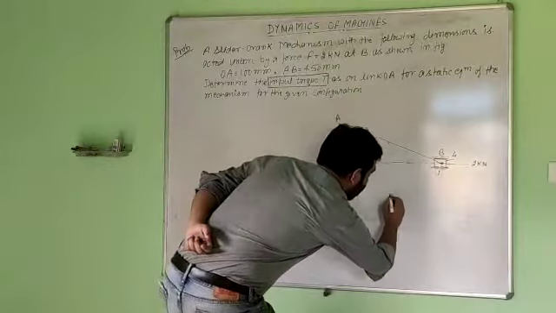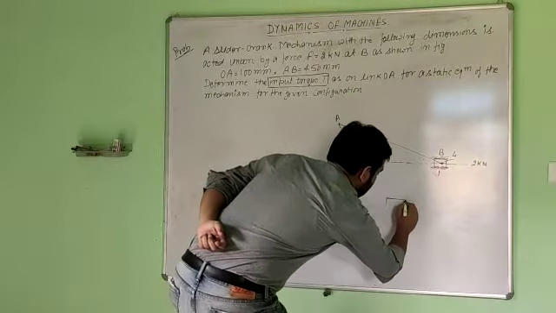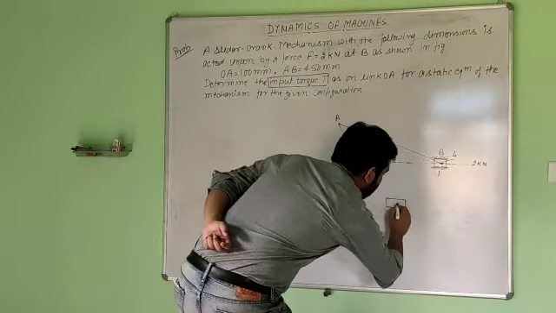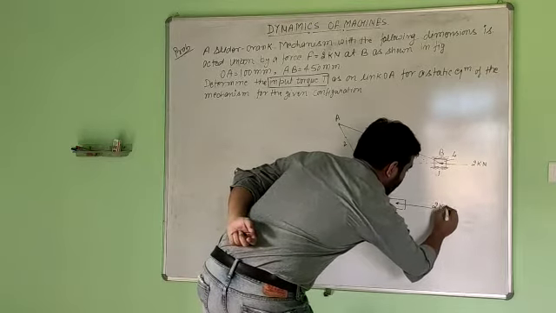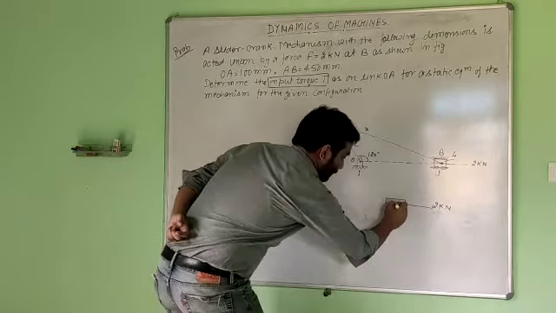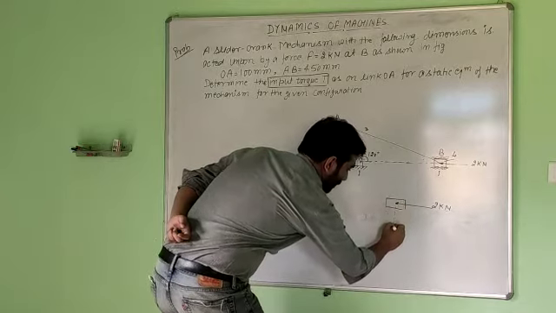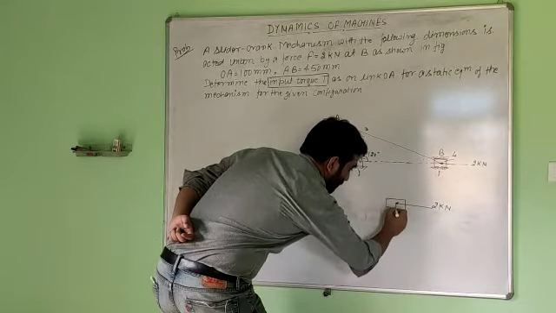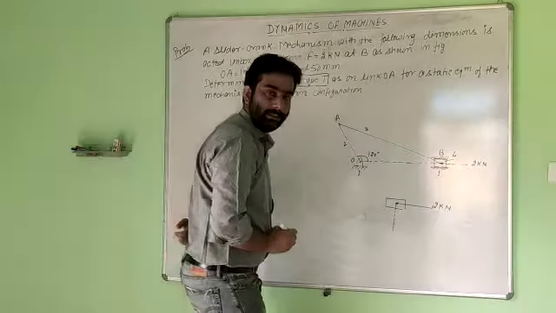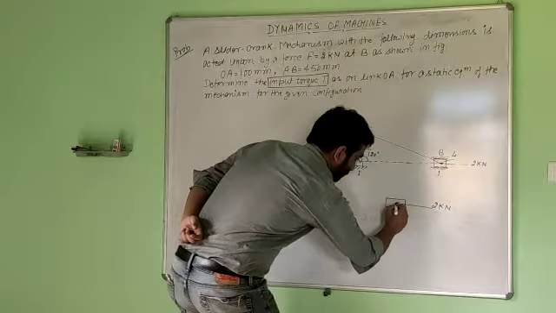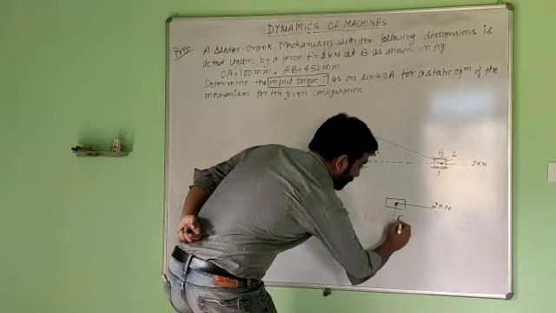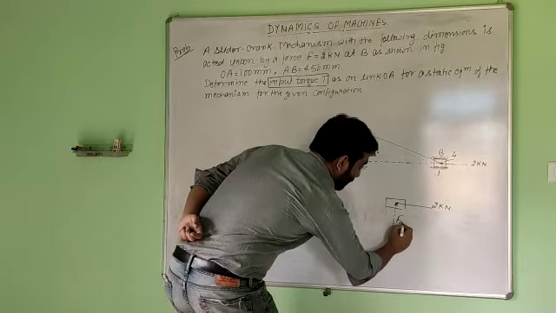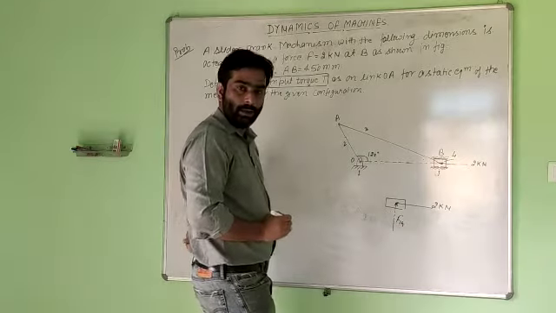Draw point 4. We will have a slider. On the slider, a force of 2 kilonewton is acting in the vertical direction. The support reaction will be in the vertical direction too; the amount of that force will be equal to the force by member 1 on member 4, F14.